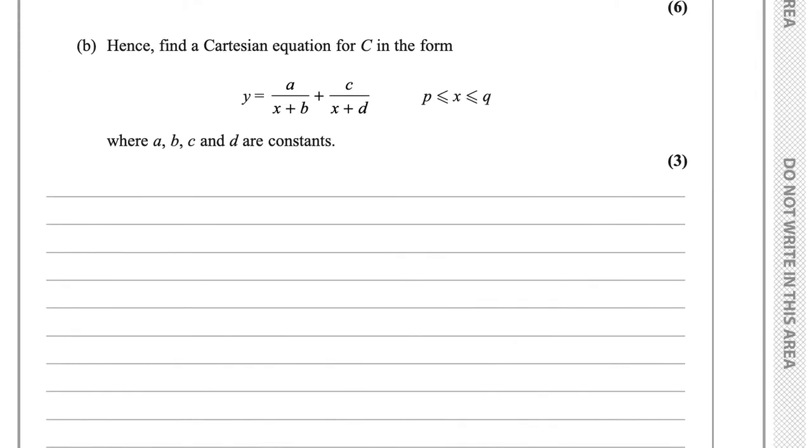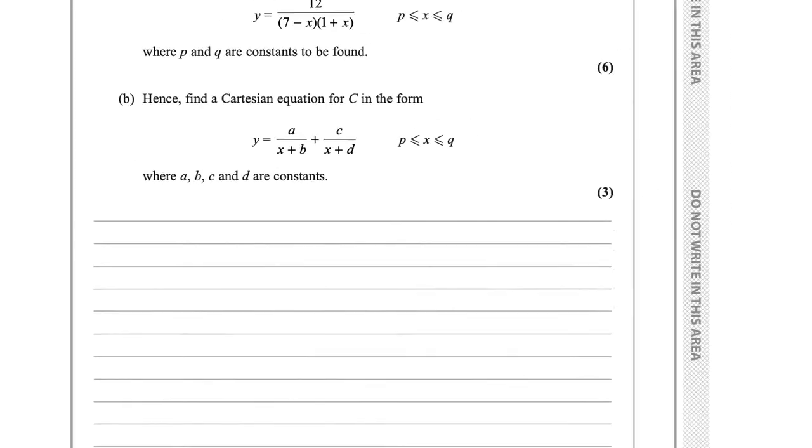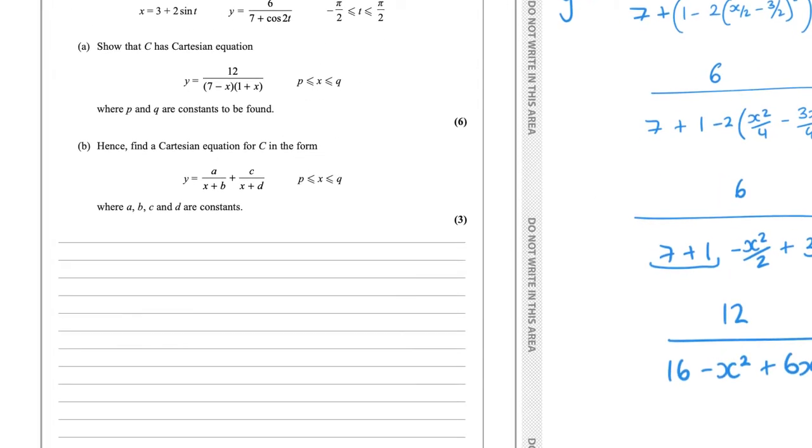Okay, it then says, hence find a Cartesian equation for C in the form of this. So what do we want? Partial fraction. So that means that 12 over 7 minus x, 1 plus x, is going to equal a over 7 minus x plus b over 1 plus x.